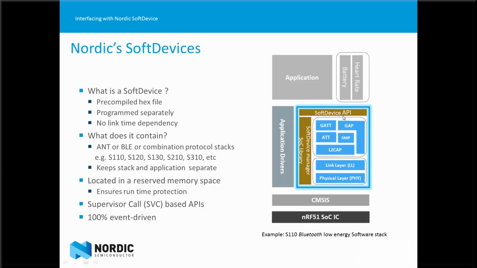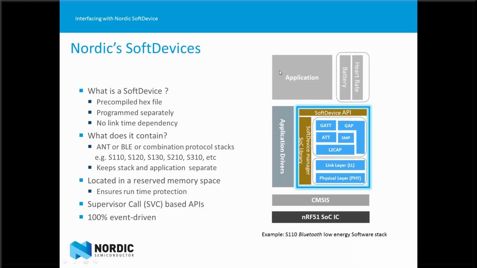It implements all these different layers in the stack, but you don't really need to care about the stack. You just use the SoftDevice API and communicate with the stack. What is important is that this is something we have developed, and it is fixed, so you can't change it. You can just use the API.